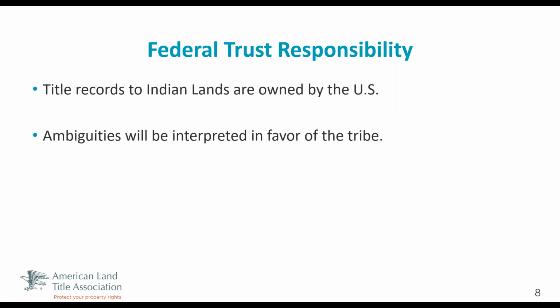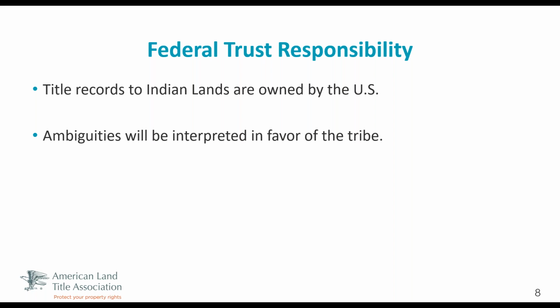Two of the outgrowths of the trust relationship between the tribes and the U.S. are that, one, title records to Indian lands are owned by the United States. They are considered to be federal records and therefore are subject to the Federal Privacy Act. Now, when I say Indian lands, I'm not talking about fee property.